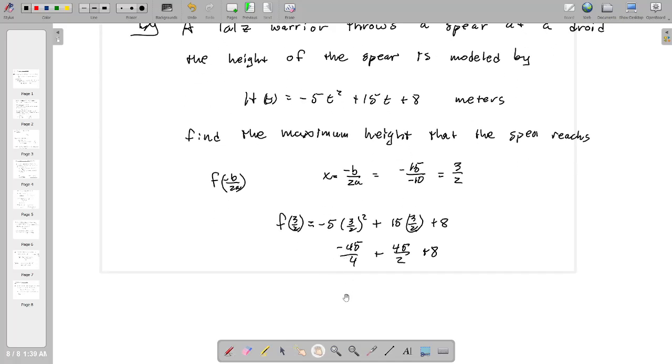Negative 45 over 4 is exactly half of 45 over 2. So when you combine these two, you end up with a positive 45 over 4 plus 8, which is going to be 77 over 4 meters. This is roughly 20 meters, a little less than 20 meters.